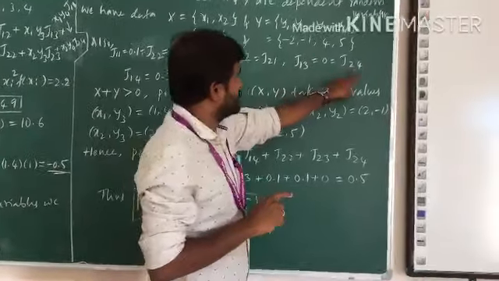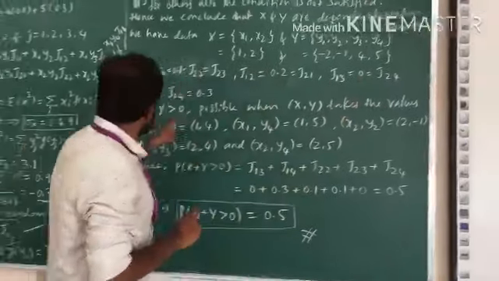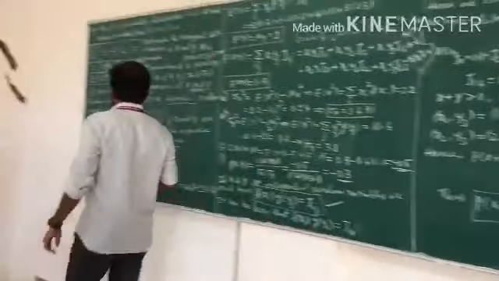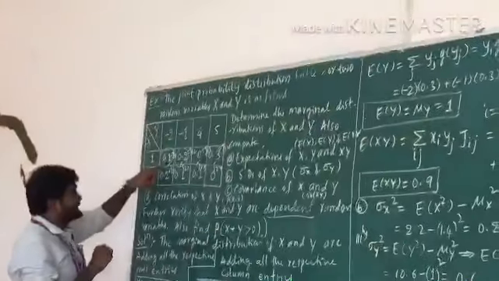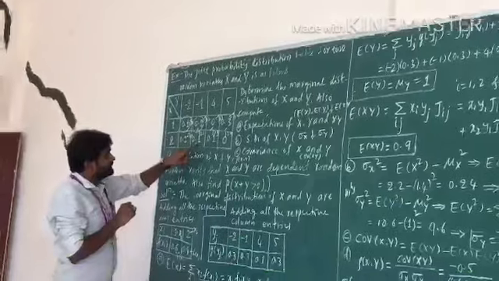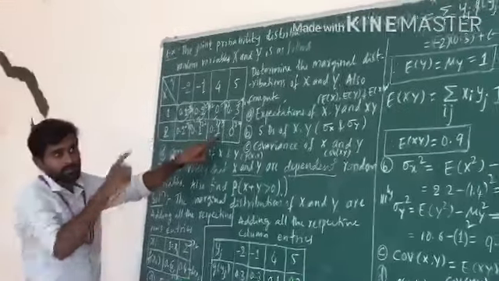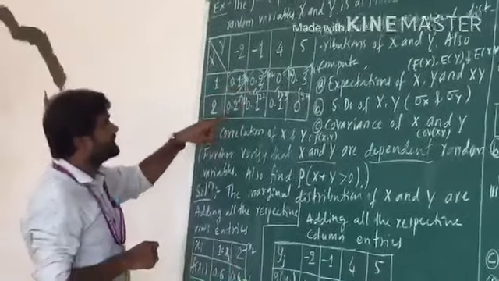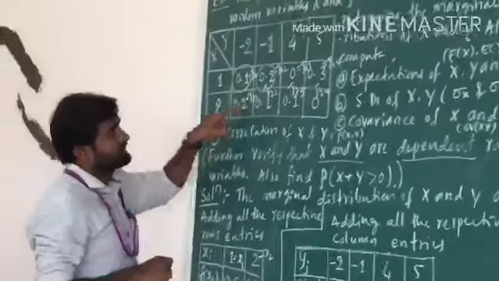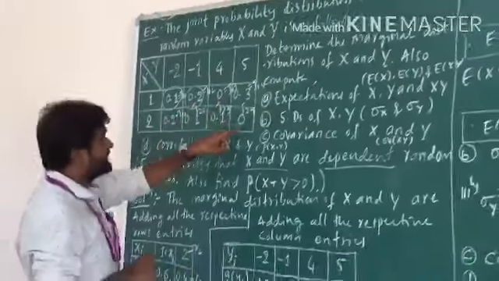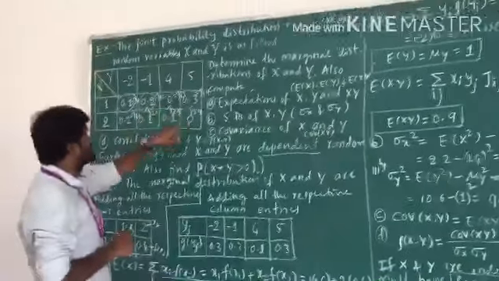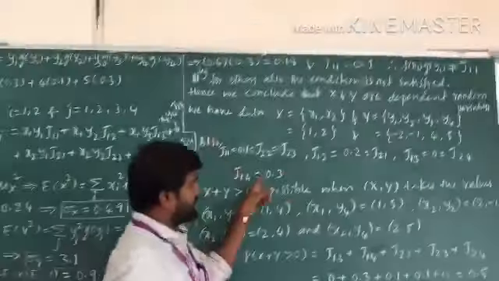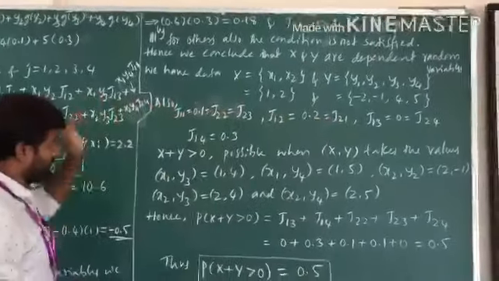J13 and J24 are 0. J14 is 0.2. These are the values I am writing here using the given table.